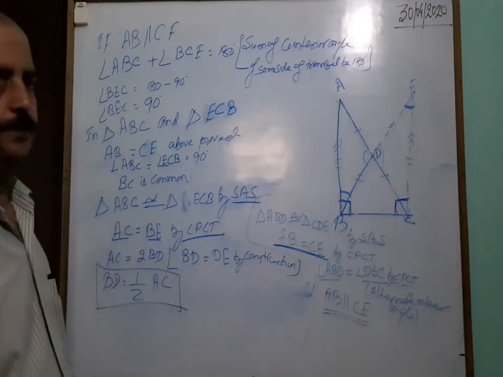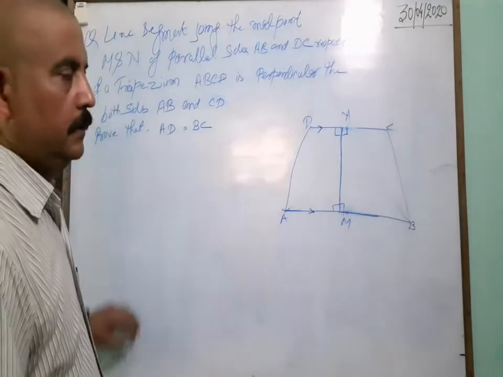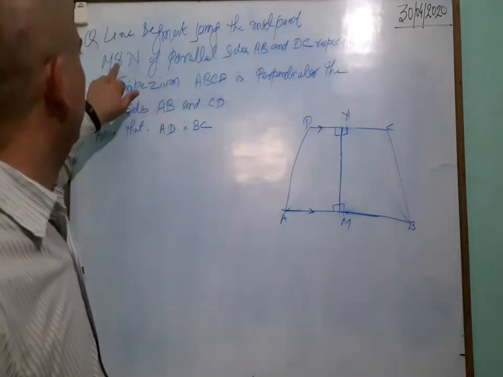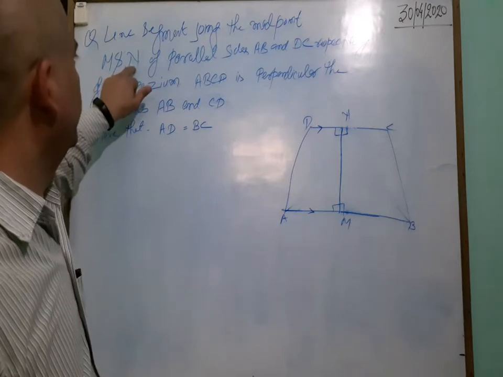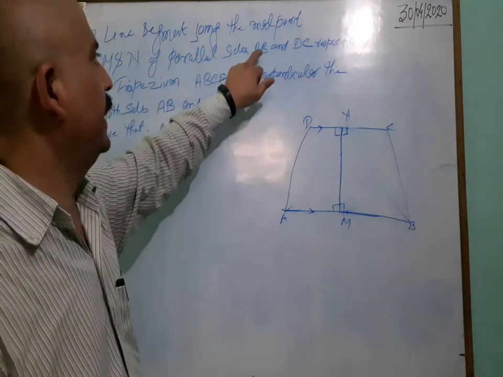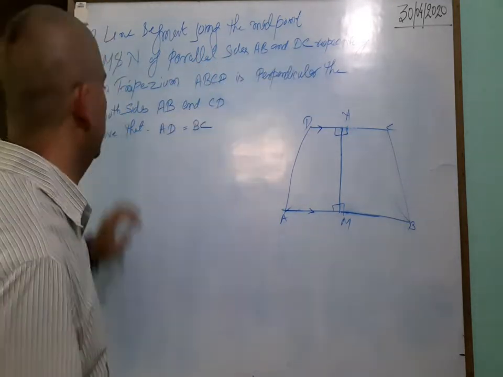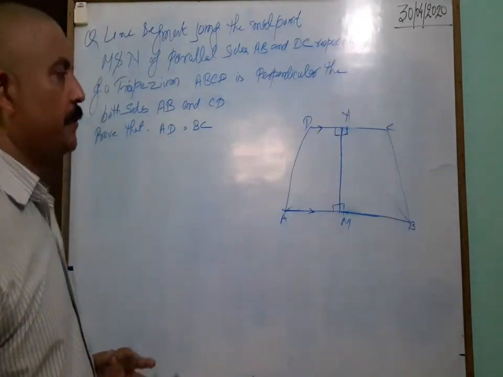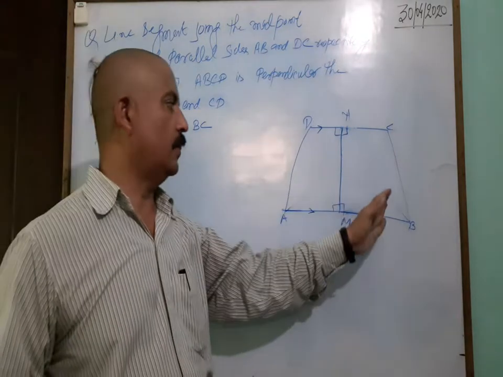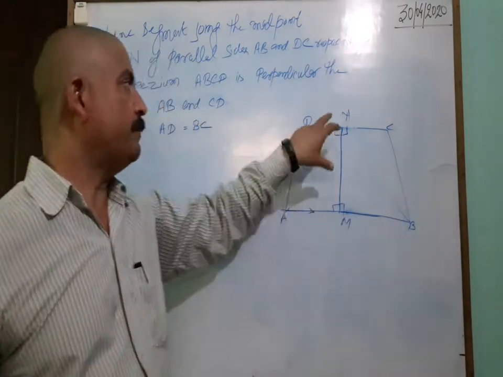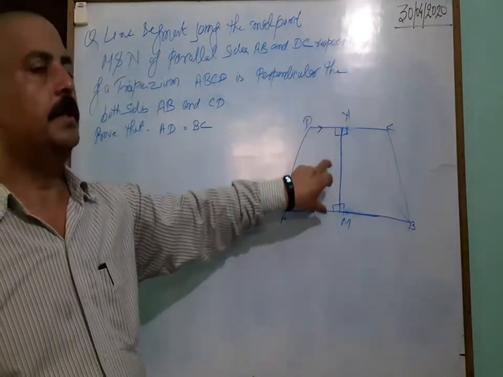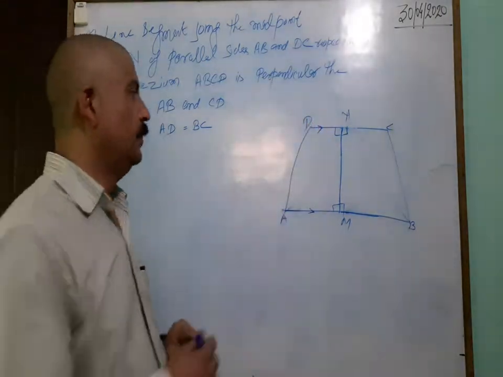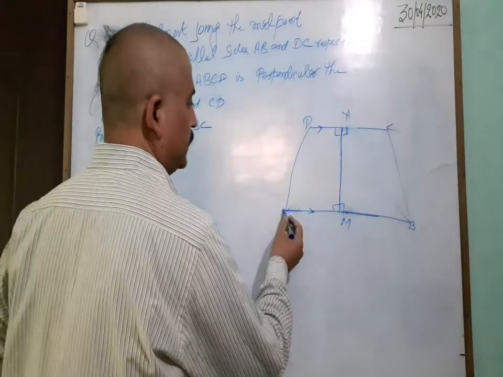Next question is that a line segment joining the midpoints M and N of the parallel sides AB and DC respectively. ABCD is a trapezium. Trapezium means such a closed figure in which only one pair of sides is parallel, not equal. Only one pair, AB and CD, is parallel but not equal.